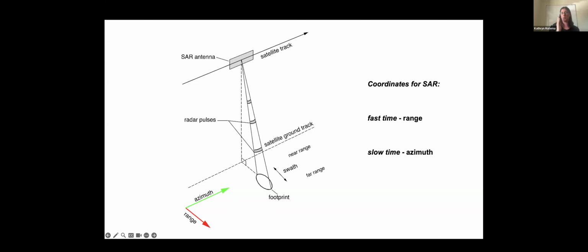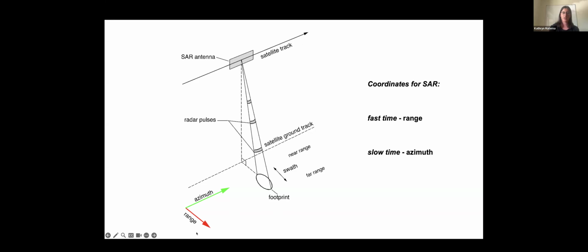That is one of the coordinates in the coordinate system. And then the other direction, off to the side, we call the range. So this coordinate system, azimuth and range, is very fundamental in SAR imaging. It's not the same as north and east. It is along track and cross track.